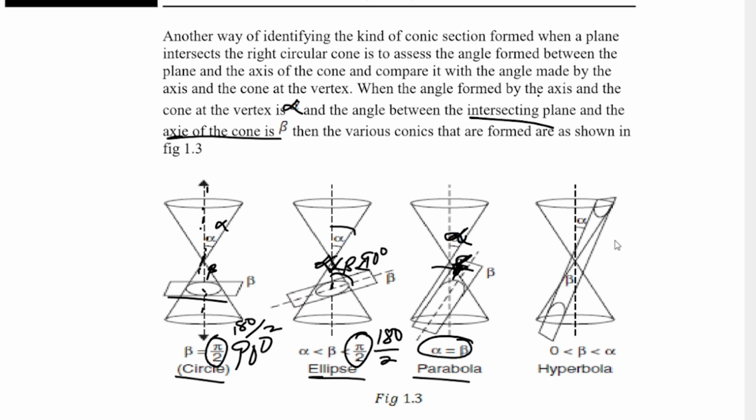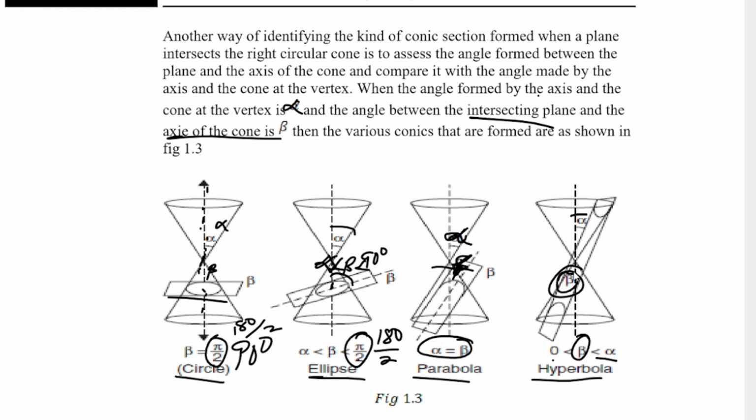Now the next thing we want to talk about is the last type of conic section, which is the hyperbola. We can clearly see that angle alpha is greater than 0, but the angle beta is less than alpha.